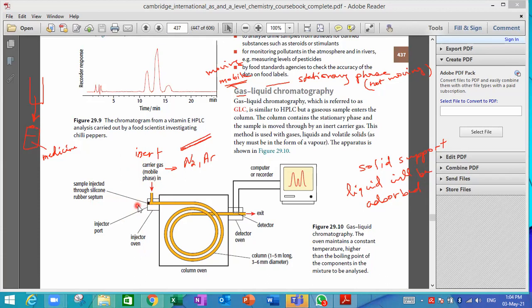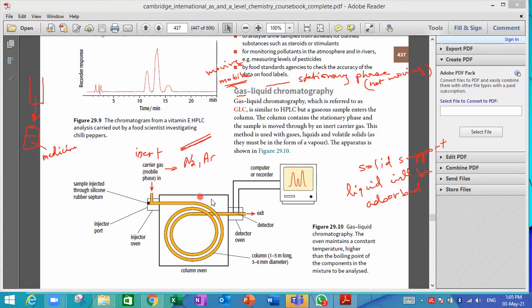We inject our aqueous solution or liquid through this rubber septum, and this rubber septum is placed in an oven so that our liquid or aqueous solution is converted into a gas at once. And we are going to mix it with the carrier gas, and the gas will carry it inside the column to be separated.